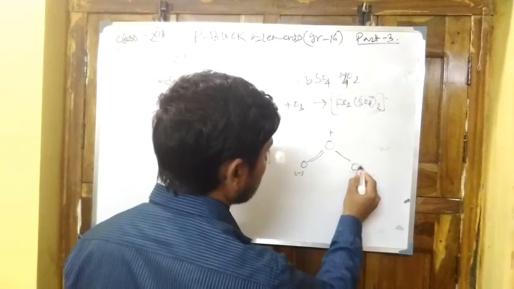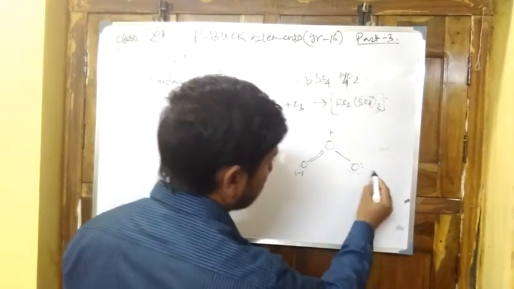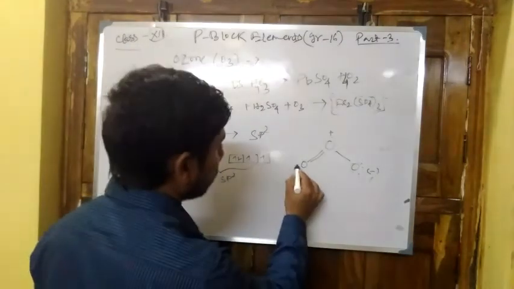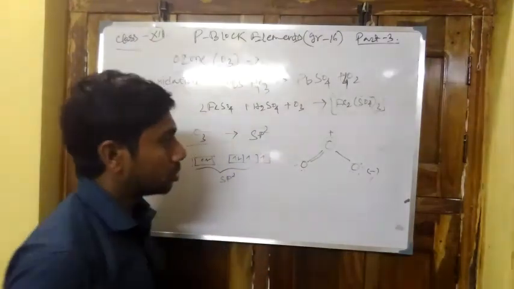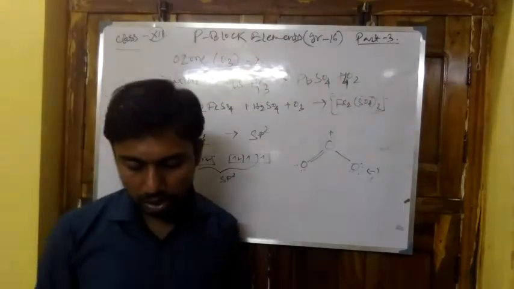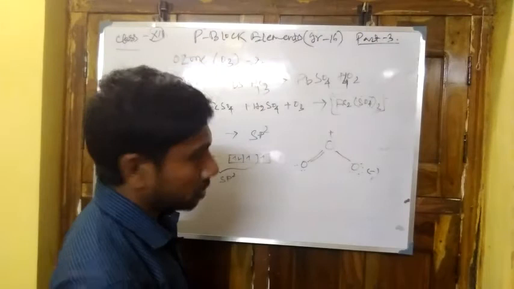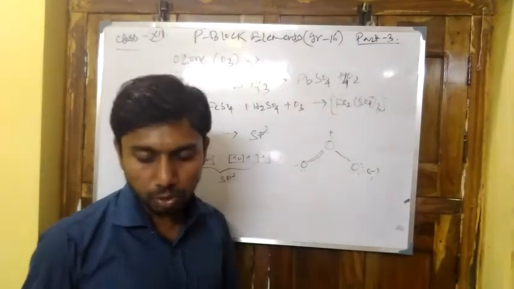This one is O minus, this is O minus, this is O plus. So these are the resonating structures of ozone.